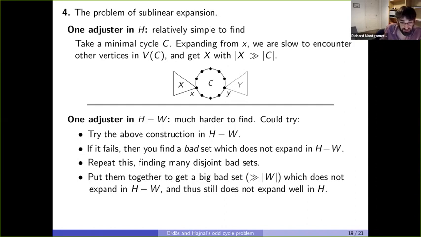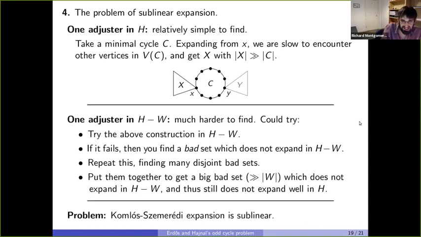What we'd love to do is be able to put these sets together to get this big bad set, which is much bigger than W. So it should still expand, even after we've removed W from the graph. So if it doesn't expand, then I get a contradiction. But this is not so good because, in this case, because of the sublinear expansion, I can put together bad sets which don't expand because they're quite small, so I'm asking a relatively big expansion condition for them.